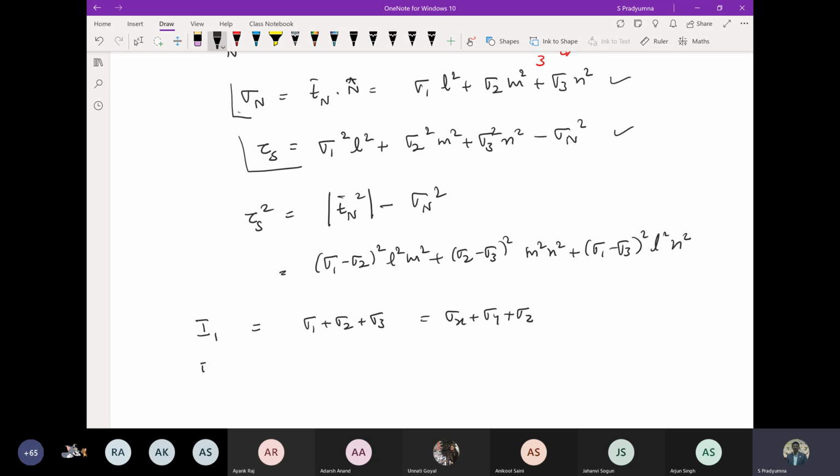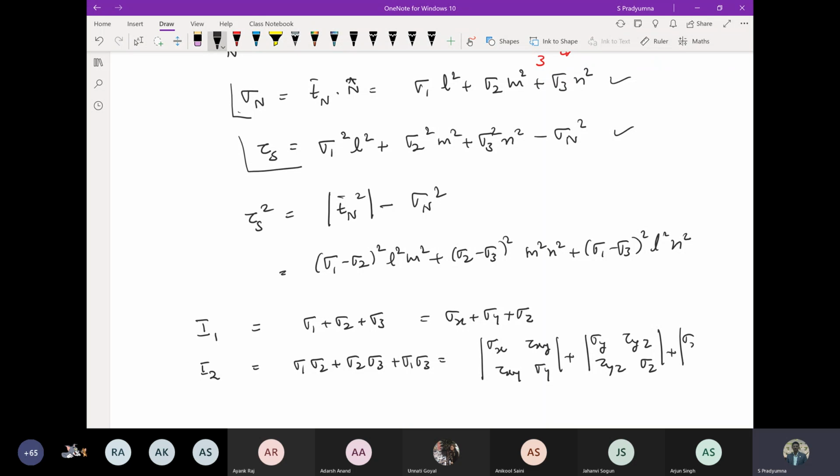They are invariants. I2 is equal to sigma 1 sigma 2 plus sigma 2 sigma 3 plus sigma 1 sigma 3, which is also equal to sigma x sigma y plus sigma y sigma z plus sigma x sigma z minus the shear stress terms.